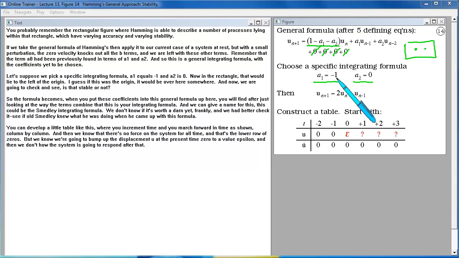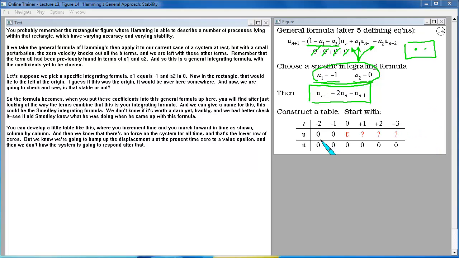So the formula becomes, when you put these coefficients into this general formula up here, you will find after just looking at the way the terms combine that this is your integrating formula. And we can give a name for this. This could be the Smedley integrating formula. We don't know if it's worth a darn yet, frankly, and we better check it. See if old Smedley knew what he was doing when he came up with this formula.